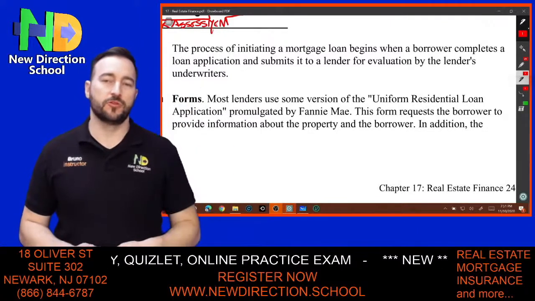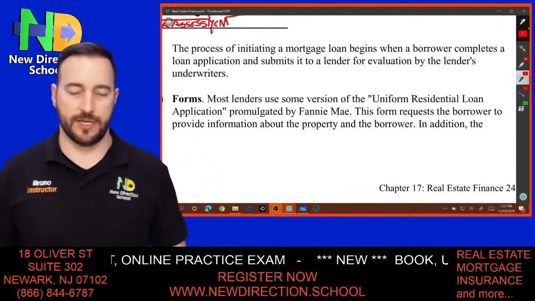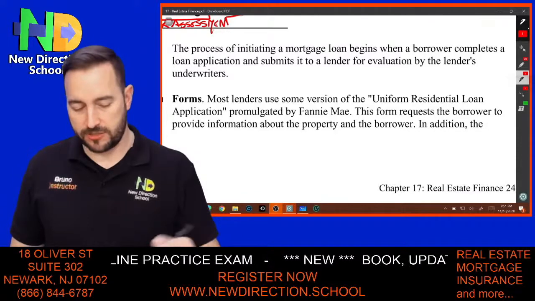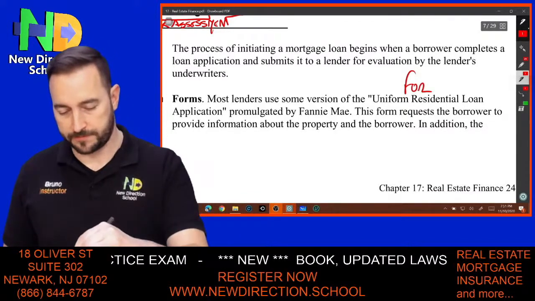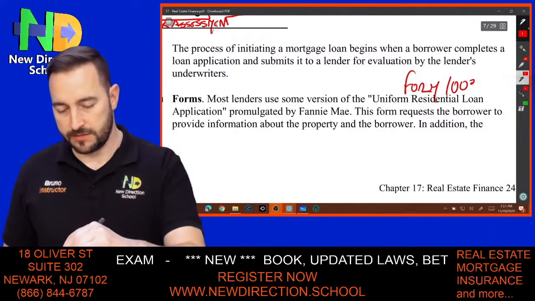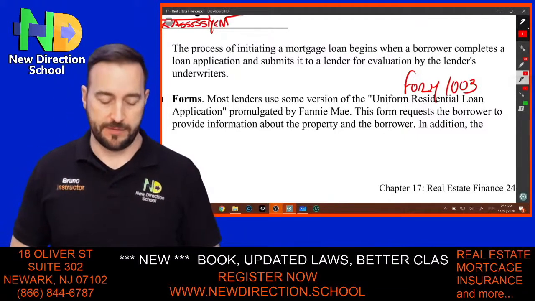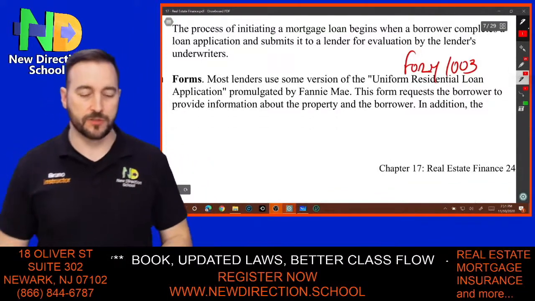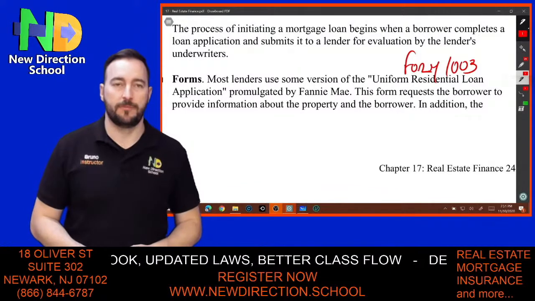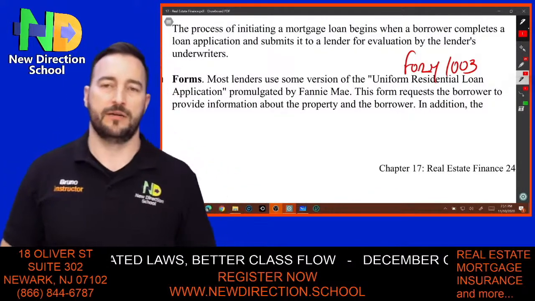Loan application says most lenders use some version of the Uniform Residential Loan Application promulgated by Fannie Mae. You guys don't need to know this, but it's Form 1003. That's the application for Fannie Mae. We'll talk about Fannie Mae later. This form requests the borrower to provide information about the property and the borrower.